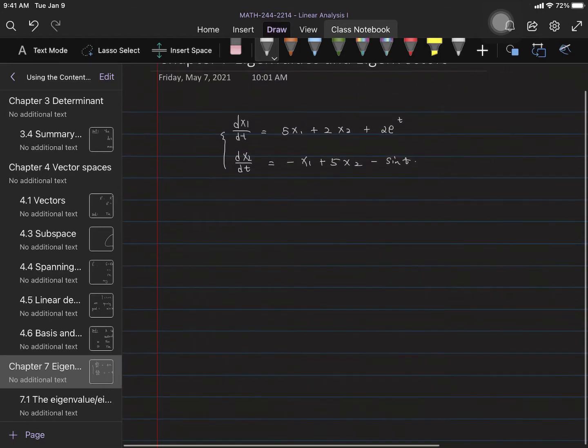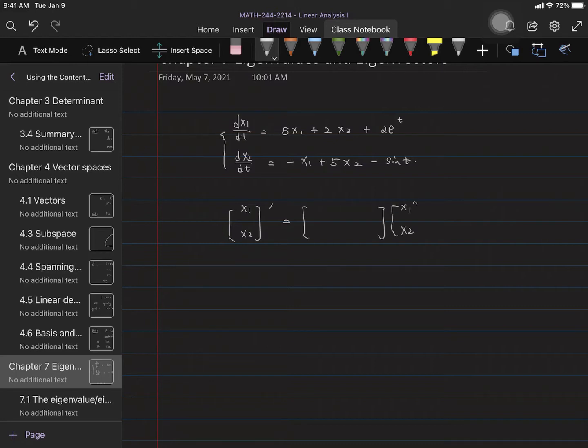And we can write this in vector form, right? We learned what the vector form means: the derivative of (x1, x2) equals A times (x1, x2) plus b, which is (2e to the t, negative sine t).